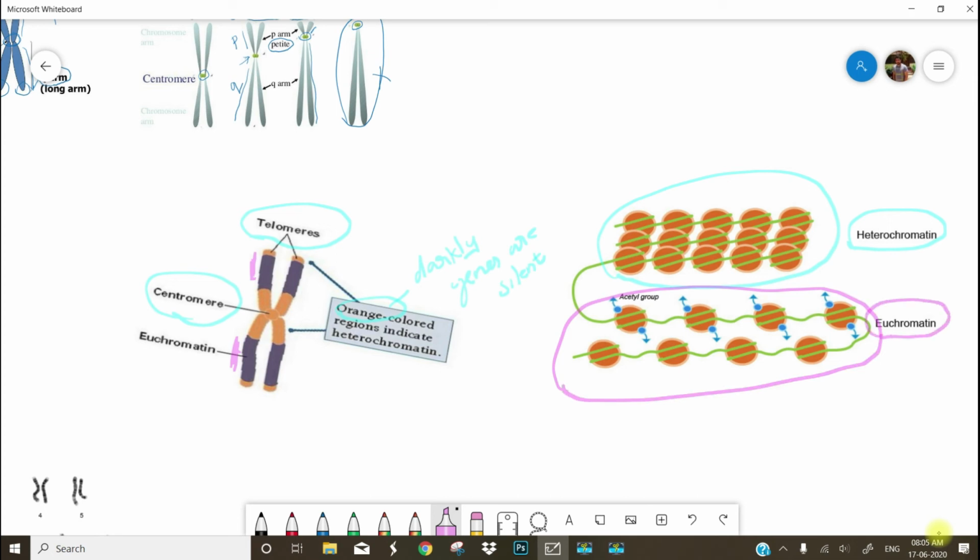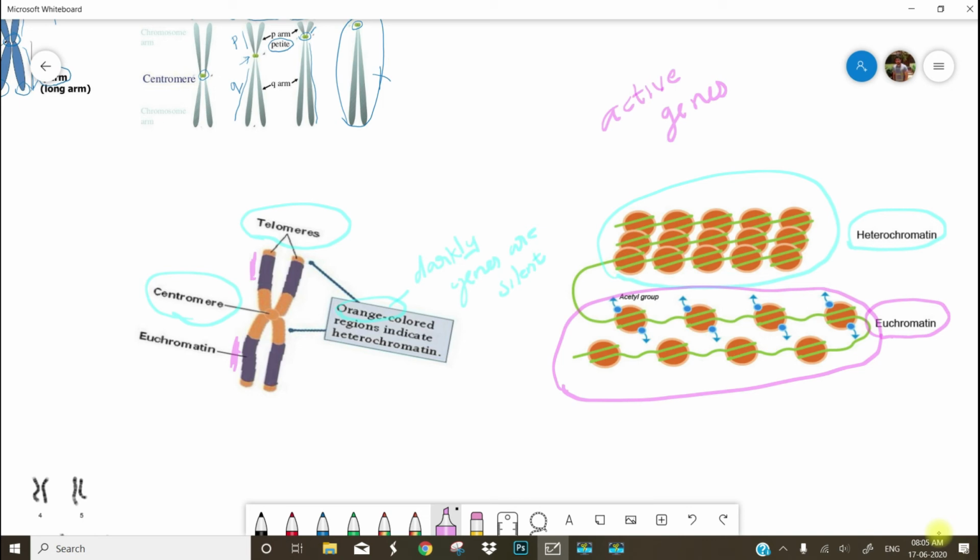So euchromatin is a lightly stained region, that means a less condensed region, and has active genes. So it is the transcriptionally active region of the chromosome. Now you are able to distinguish between the terms heterochromatin and euchromatin.